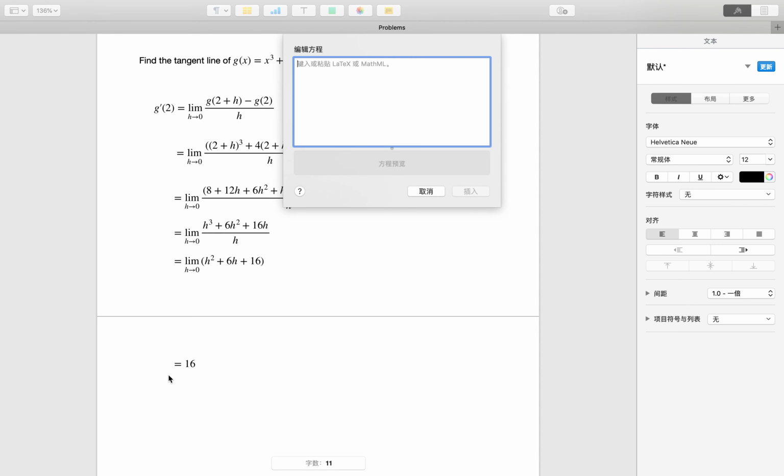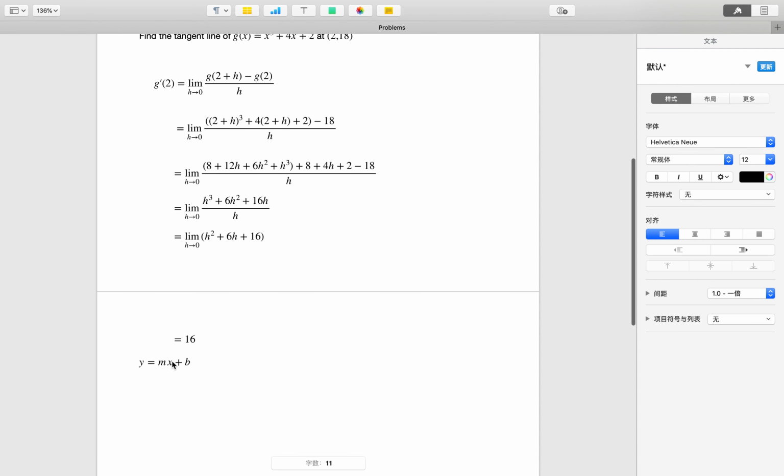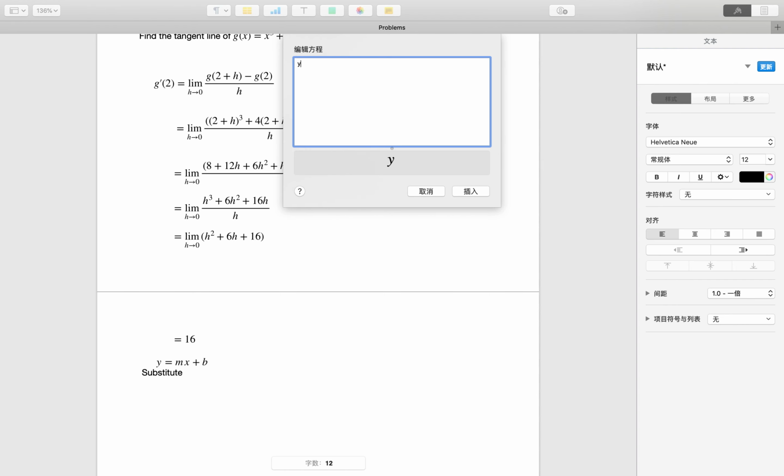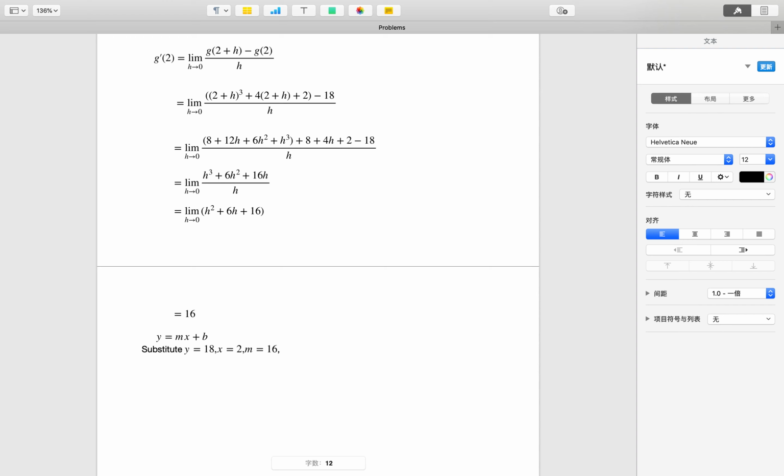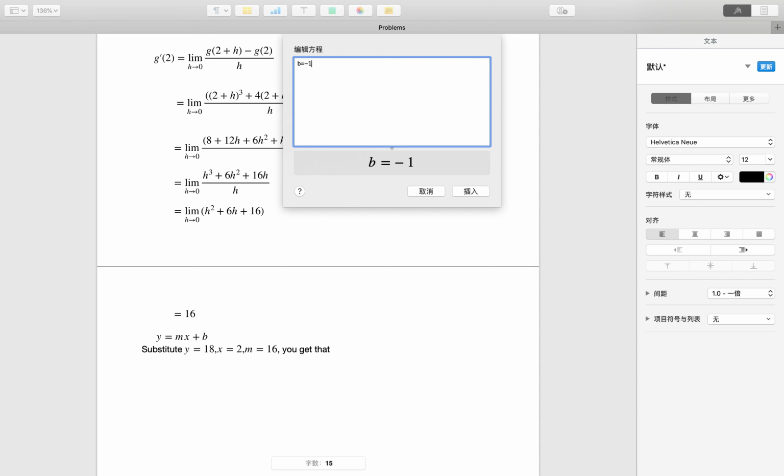So if we write this line as y equals mx plus b and substitute y equals 18, x equals 2, and m equals 16, you get that b equals negative 14.